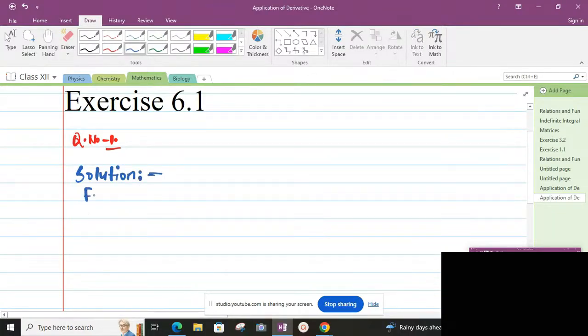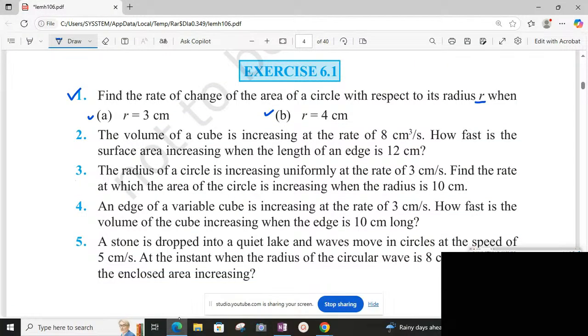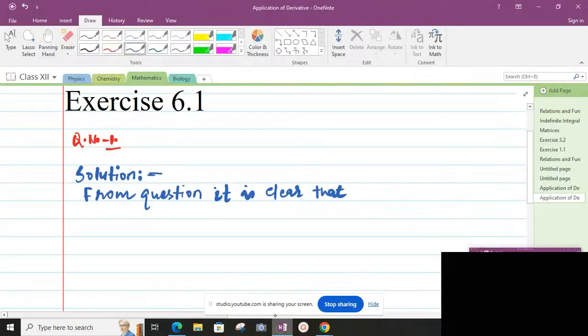From the question it is clear that r equal to 3 centimeter, and it asks us dA by dr equal to what.